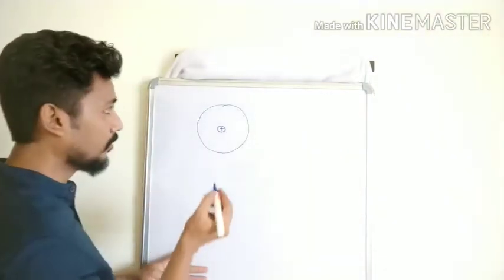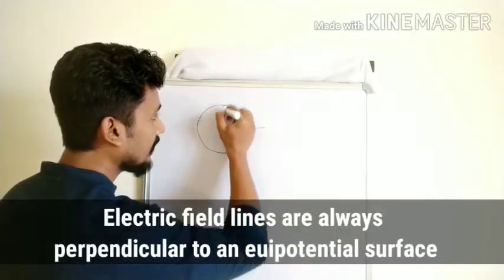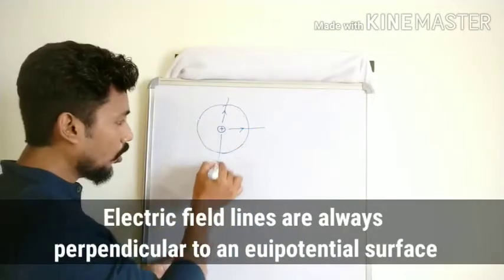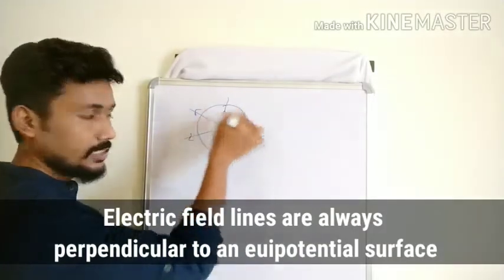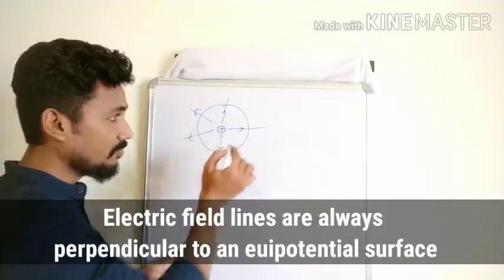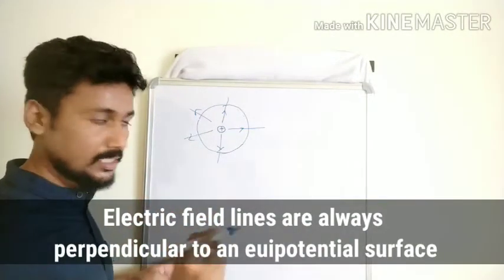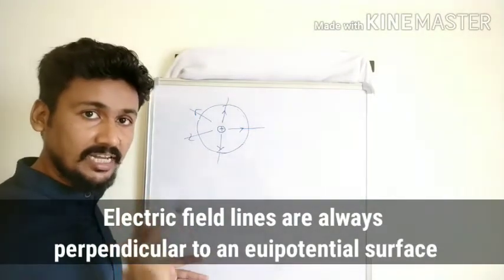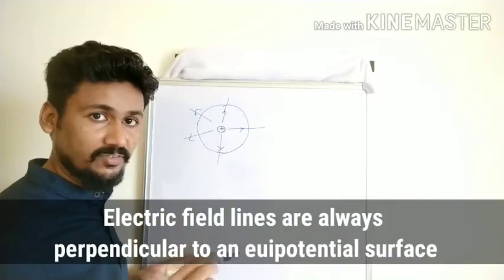Now, what do we remember about this? The electric field lines that will be coming from the point charge, all these lines are going to be normal, that is perpendicular, to the equipotential surface. So the first thing you will remember is that for any equipotential surface, the electric field lines are always normal to the equipotential surface.